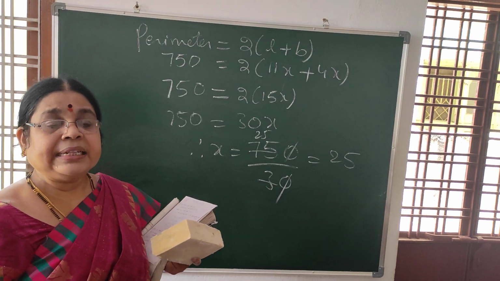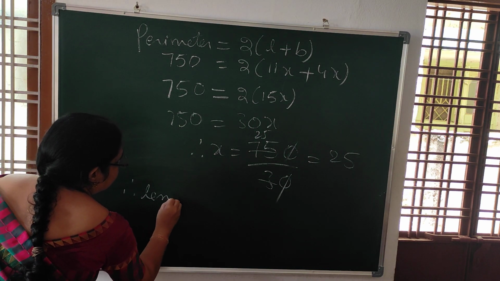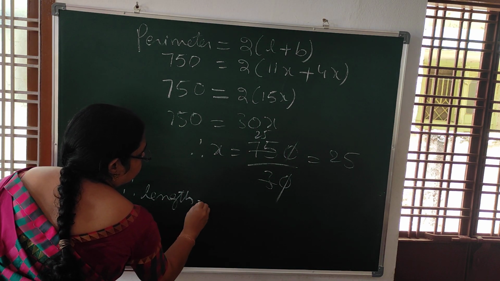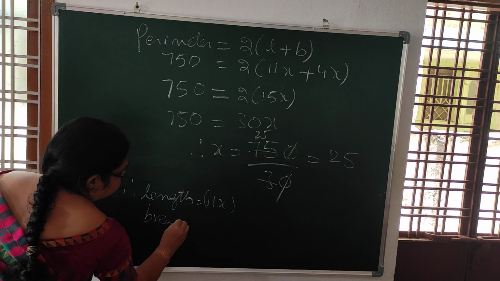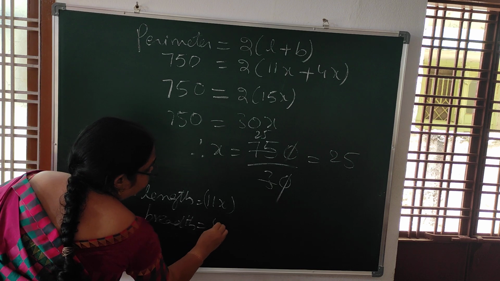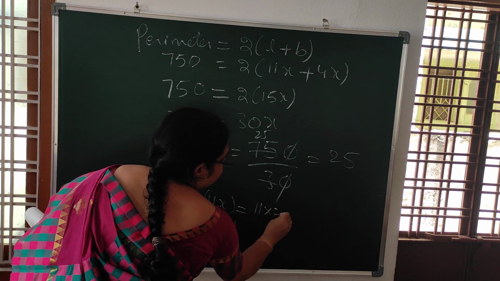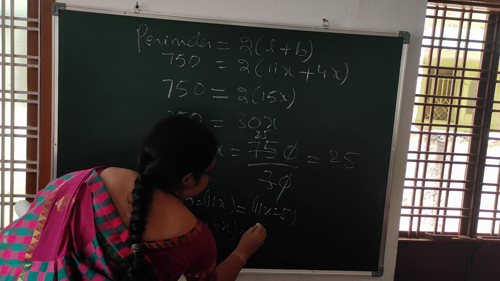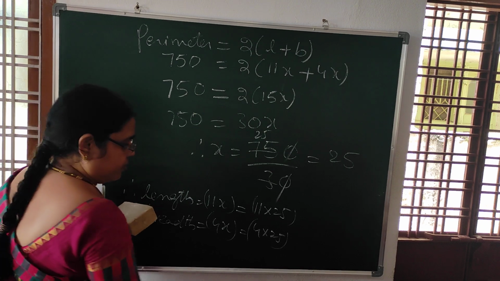You are asked to find the length and breadth of the rectangle. Therefore, length is equal to 11x and breadth is equal to 4x. So 11 into 25, and this is 4 into 25, because we got x is equal to 25.